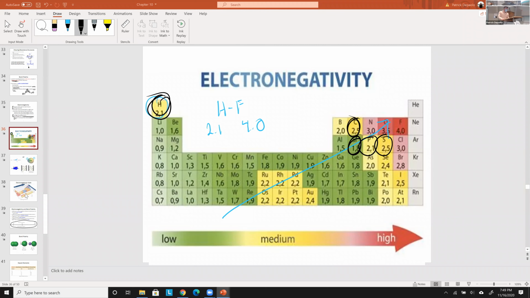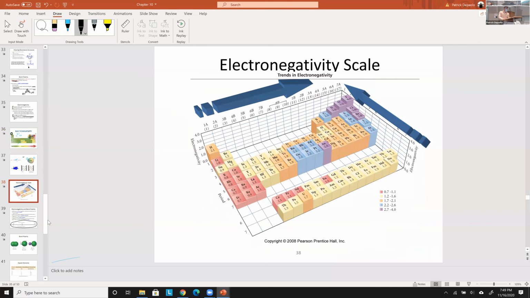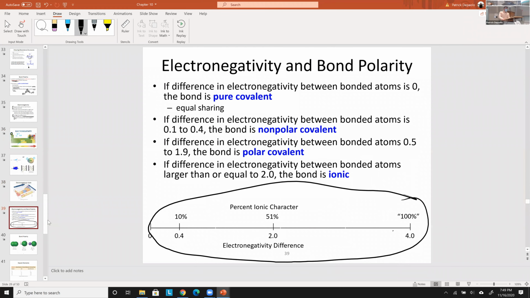So what I'm going to get at is that pure covalent means they're identical atoms. So the only things that can be purely covalent is if you have the same two nonmetals bound to each other, just as H2, F2, O2, N2, etc. So that's what we mean by pure covalent.